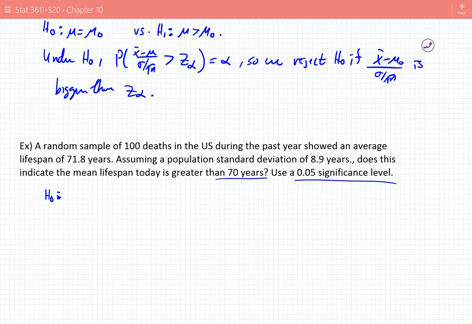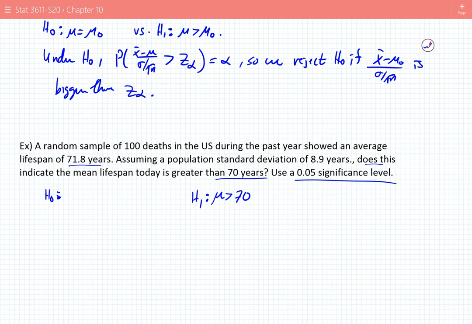You have an average lifespan of 71.8. That's the sample average. Does this indicate the mean lifespan today is greater than 70 years? This sentence actually outlines what the alternative hypothesis should be, right? And maybe we could start there, saying, well, clearly the alternative hypothesis that we're testing against is the mean lifespan greater than 70 years.